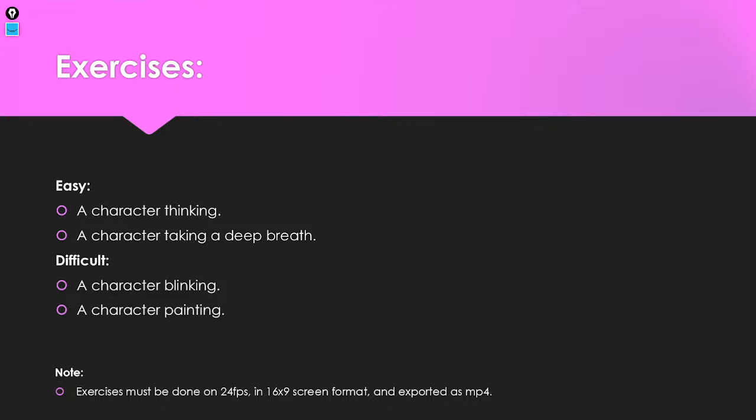I have taken out the requirement that they be animated on twos. You can still do it, it is still a good framework to work from, but if you want to play around with spacing and timing, and you want to, for example, try to use timing as a way to slow in and slow out, that's an option.